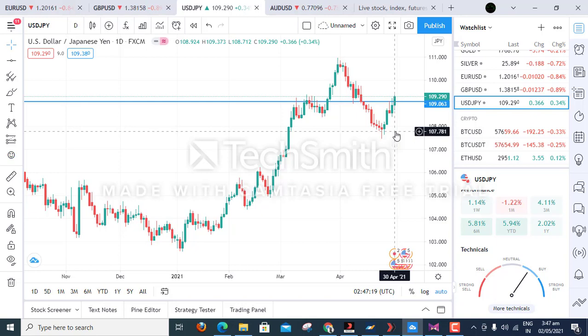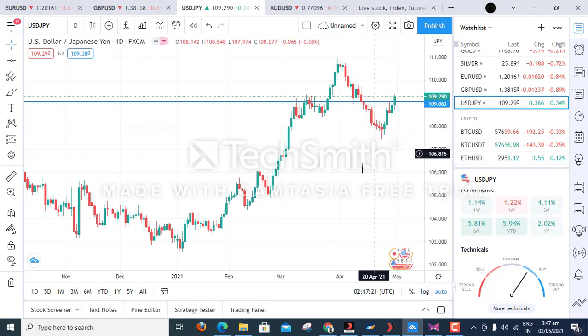USDJPY is going to be a good buy for us. In fact, I am buying all yen pairs this week: EURJPY, Dollar JPY, AUDJPY, NZDJPY, CADJPY. I am buying them all because I'm seeing weakness in yen across the board.